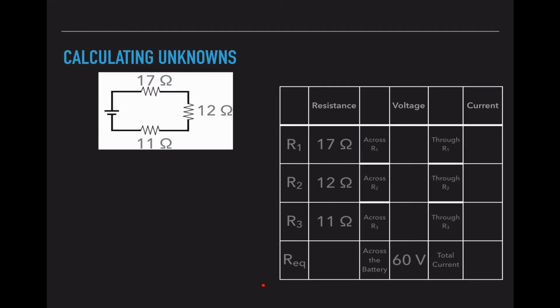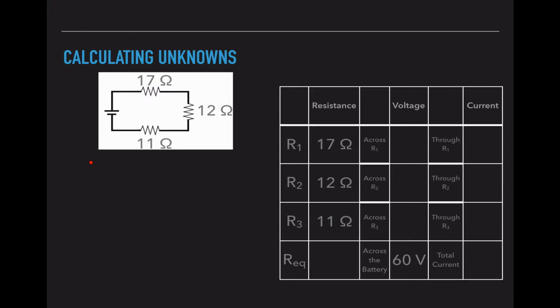So here we have a circuit, and we're going to calculate some unknowns for this circuit. We have a single battery, and this battery is providing 60 volts of energy to those electrons. We have one resistor that is 17 ohms, a second resistor that is 12, and a third resistor that is 11.